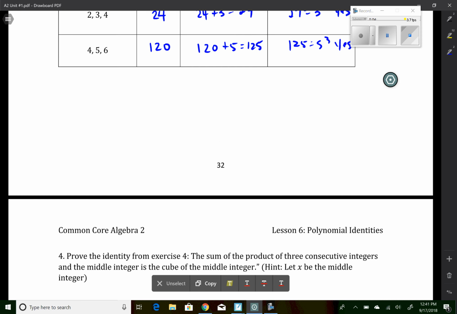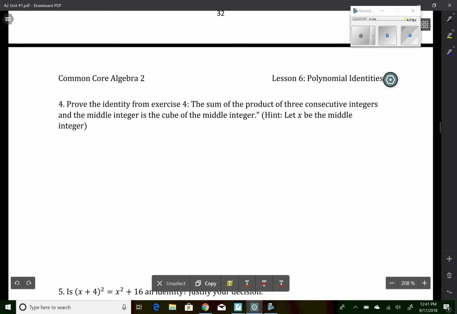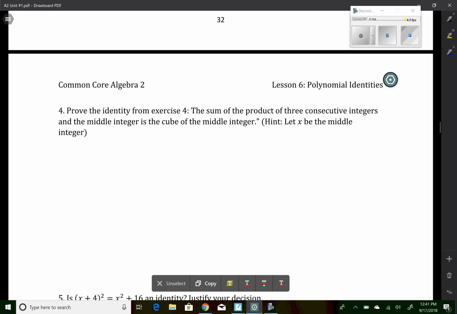So to prove if this is an identity or not, we need to make some let statements. So it says the sum of the product of 3 consecutive integers and the middle integer is the cube of the middle integer. So we're going to let x equal the middle integer. All right, we'll use our little hint here.